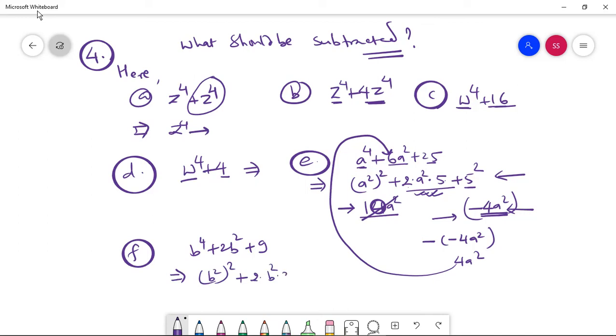We subtract minus 4b square. If we subtract minus 4b square, it becomes plus 4b square, which will be added here and it becomes this term. In this way, we can find the solution of this exercise. Do you have any questions? Can we move to the next?